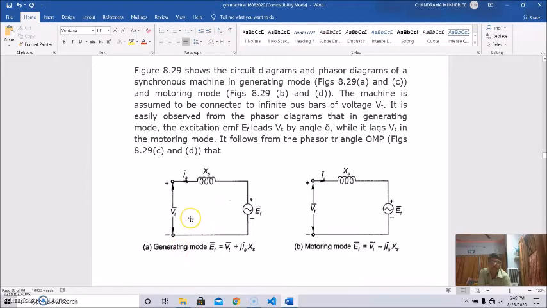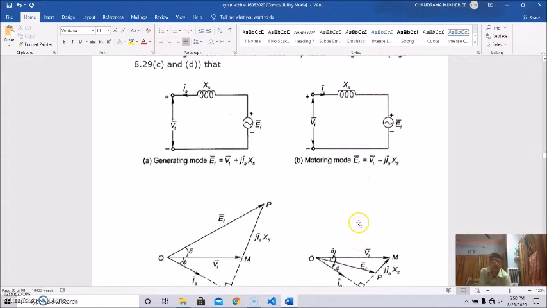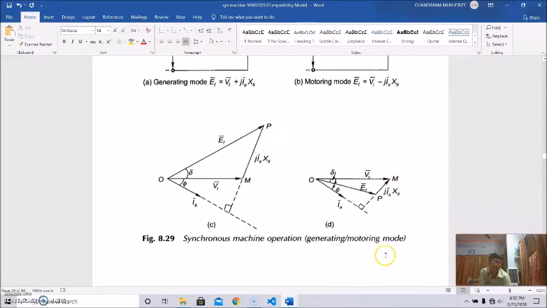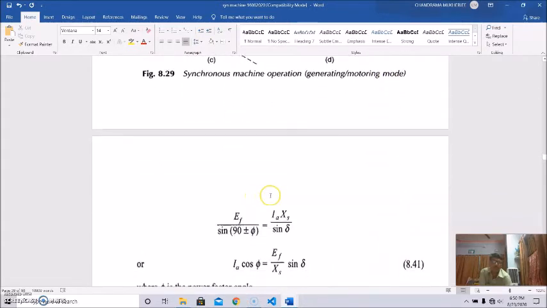From this you can see the equation EF equals Vt plus j Ia Xs, since armature resistance is neglected, and here for the motoring mode, EF equals Vt minus j Ia Xs, where Xs is the synchronous reactance. This is the phasor diagram for generating mode, where EF equals Vt plus j Ia Xs, and this is for motoring mode, where EF equals Vt minus j Ia Xs.